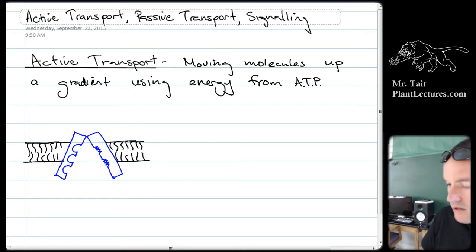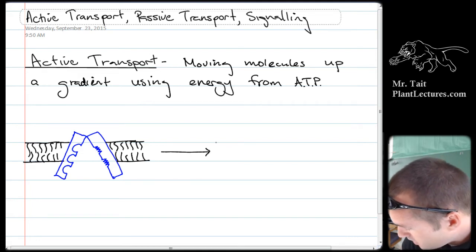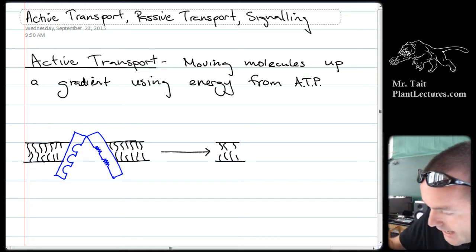Okay, so here's what it looks like in one of its states. And the other thing that it can look like is this, where now it's going to point out.